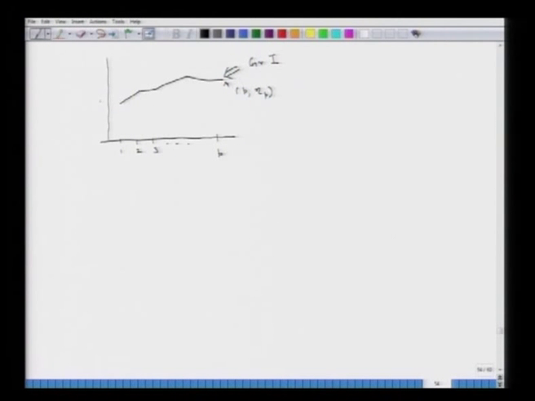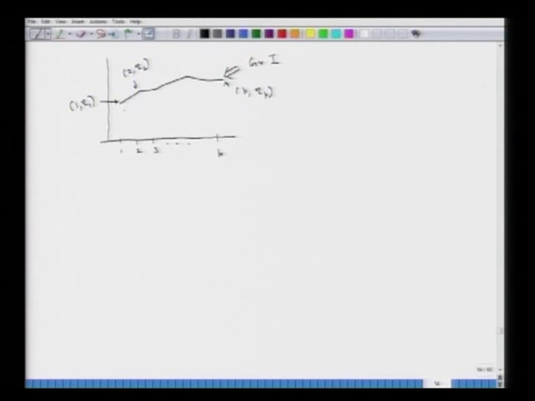So we are joining consecutive points (i, eta i) and (i plus 1, eta i plus 1), and this is a simple graph called the profile of group 1.